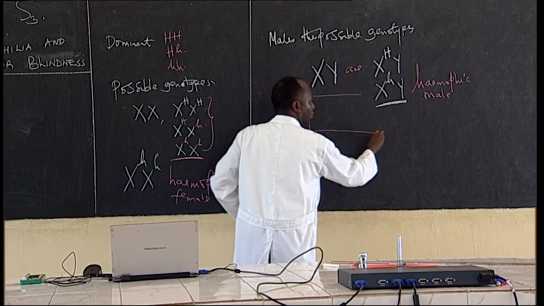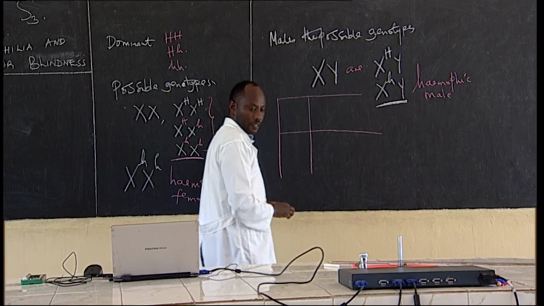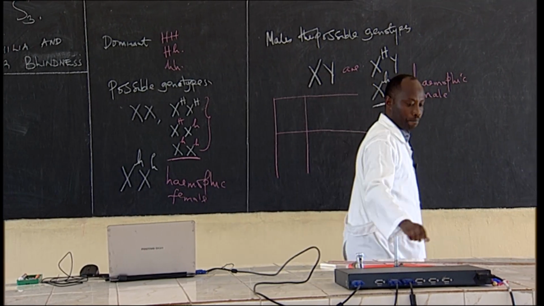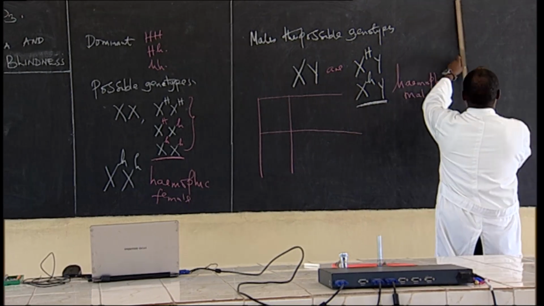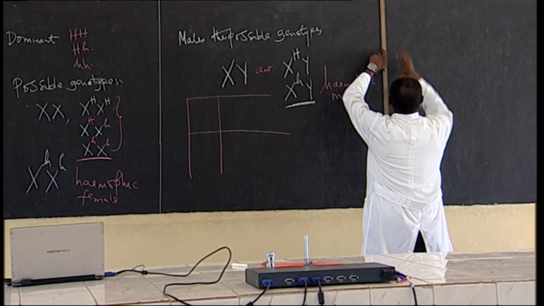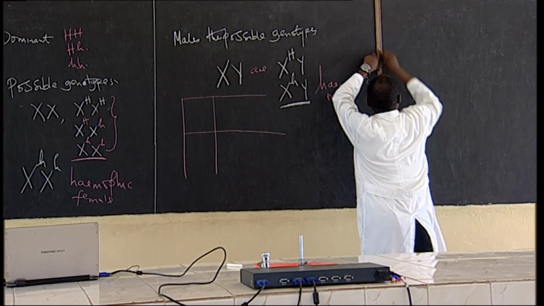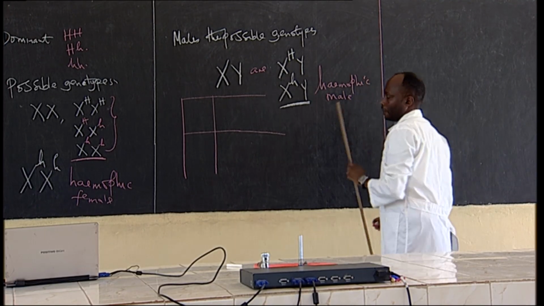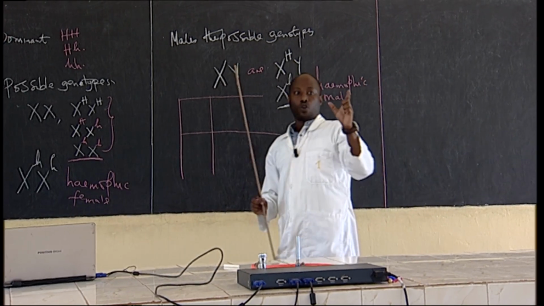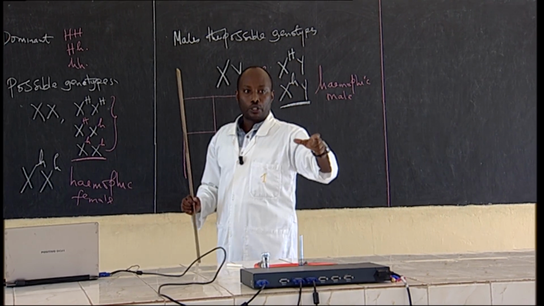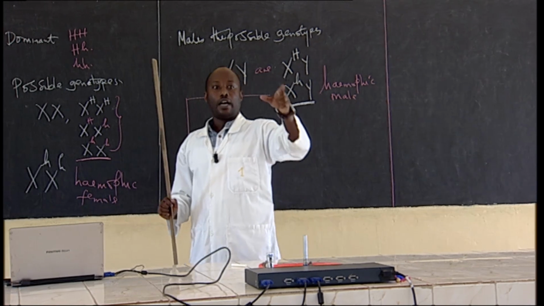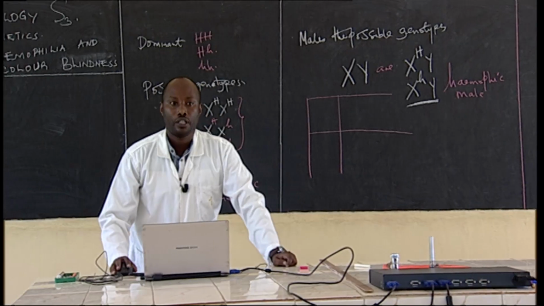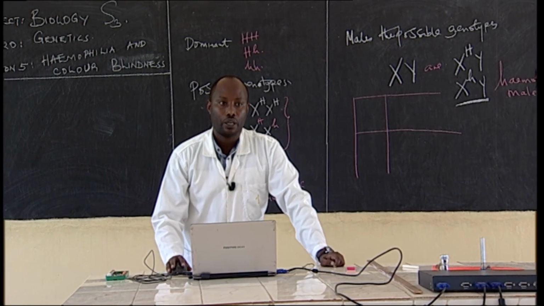Let me allocate it here so that you can understand what I'm doing. You try to follow me. The table has 3 columns: possible phenotypes, clotting factor, and genotypes. Let me use that chart so we are able to understand it.